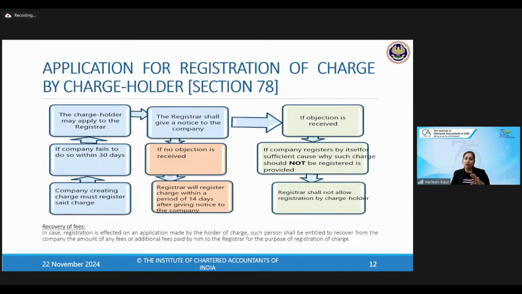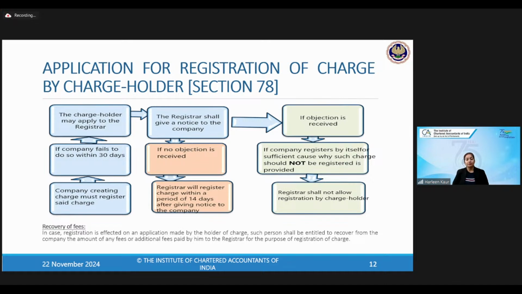If the company gets the charge registered itself or gives a notice that this charge should not be registered, then the ROC will not register this charge. But if no objection is received in 14 days, then the registrar will register this charge within a period of 14 days after giving notice to the company. So they will give the notice to the company, and in the next 14 days, they will register the charge.